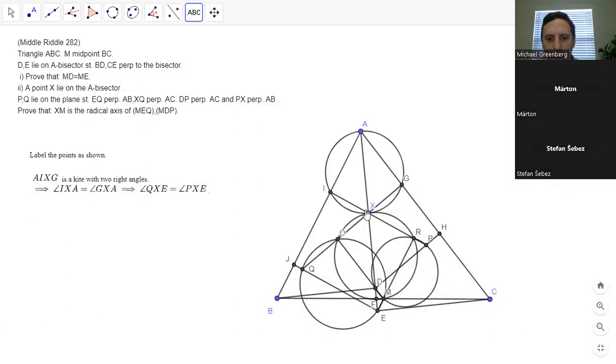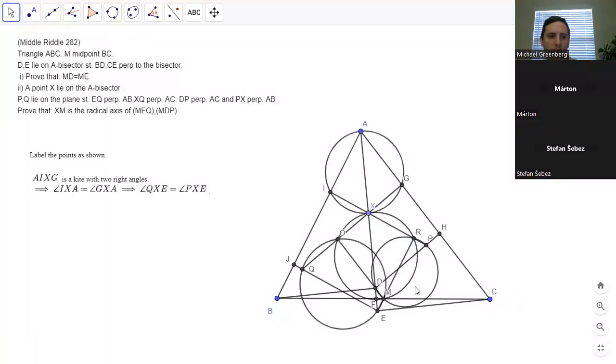But yeah, what do we have to prove? I guess we have to show that MD is perpendicular to XQ. But I don't think that's hard.